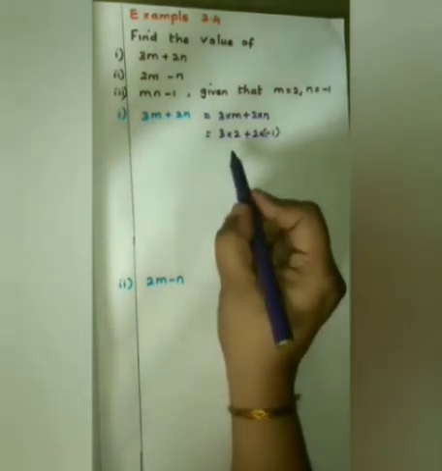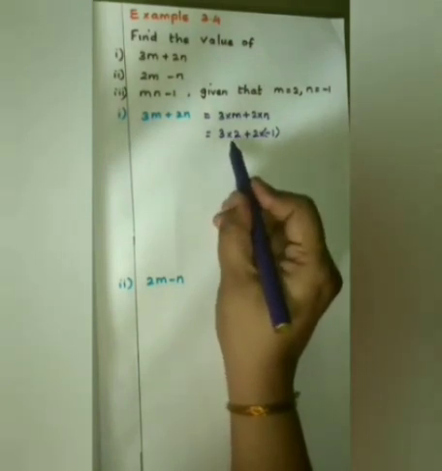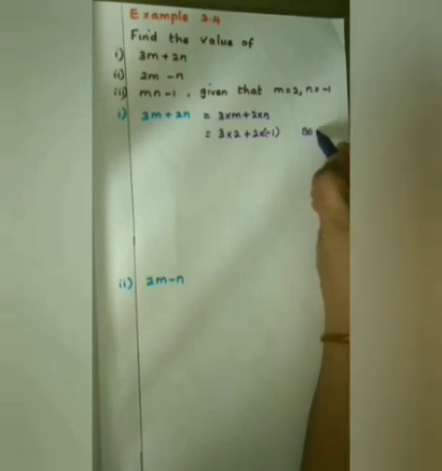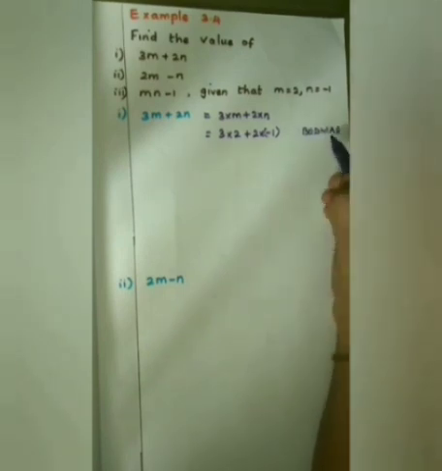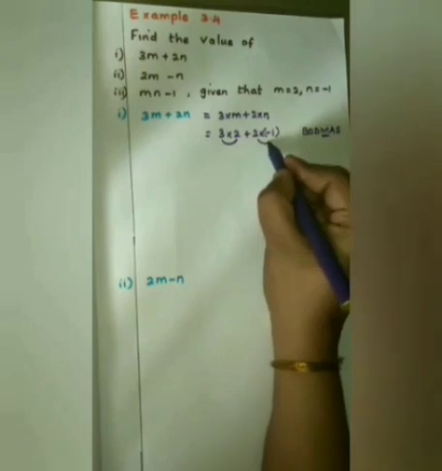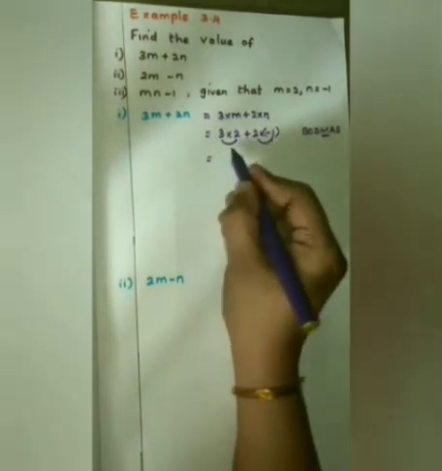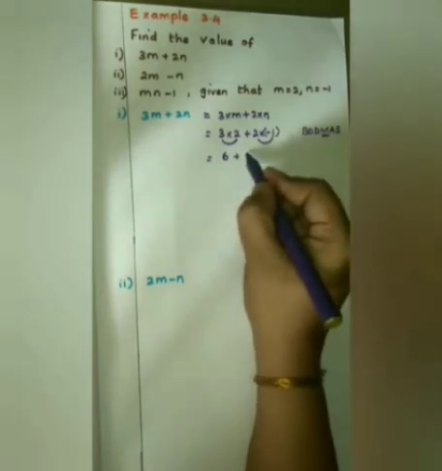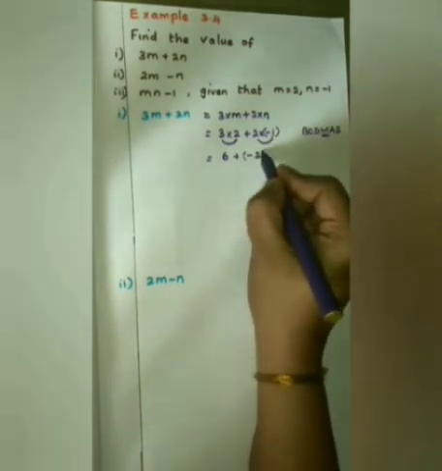Now you may have a doubt whether to do multiplication first or addition first. By BODMAS rule, multiplication has to be done before you do addition. So first you do multiplication. 3 into 2, 6 plus 2 into minus 1, minus 2.